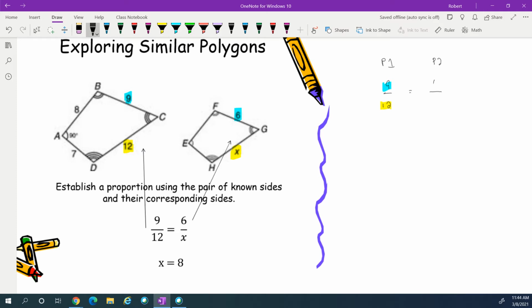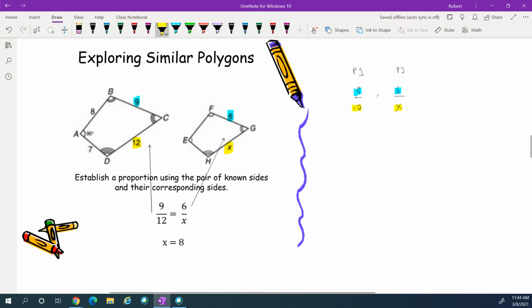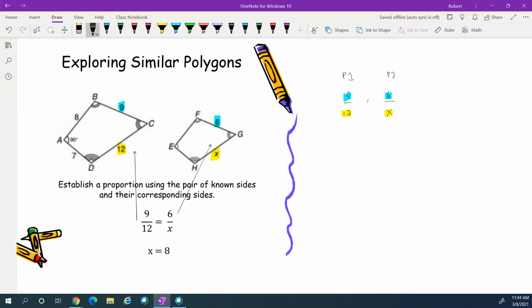In this case, it would be 6 over x. 6 corresponds with the 9, and the x corresponds with the 12. And of course, we can cross multiply that and solve it. We get 9x equals 72, and x equals 8. So first fraction from the first picture, second fraction from the second picture. The corresponding parts are going across.